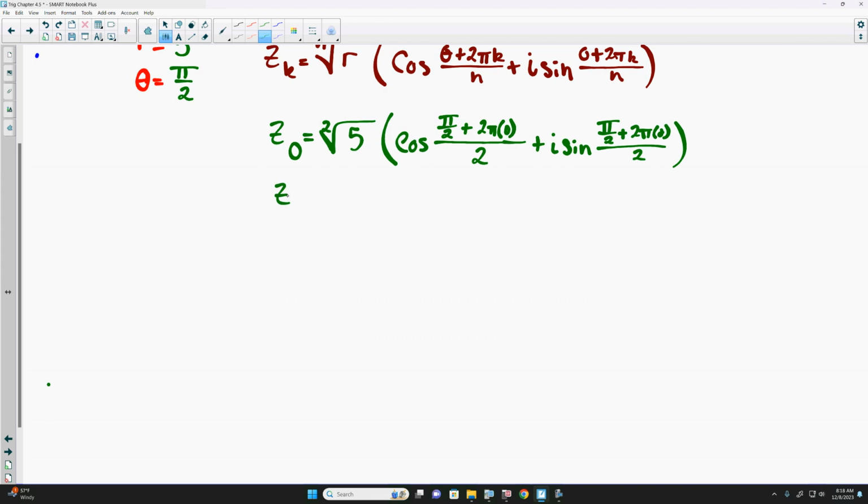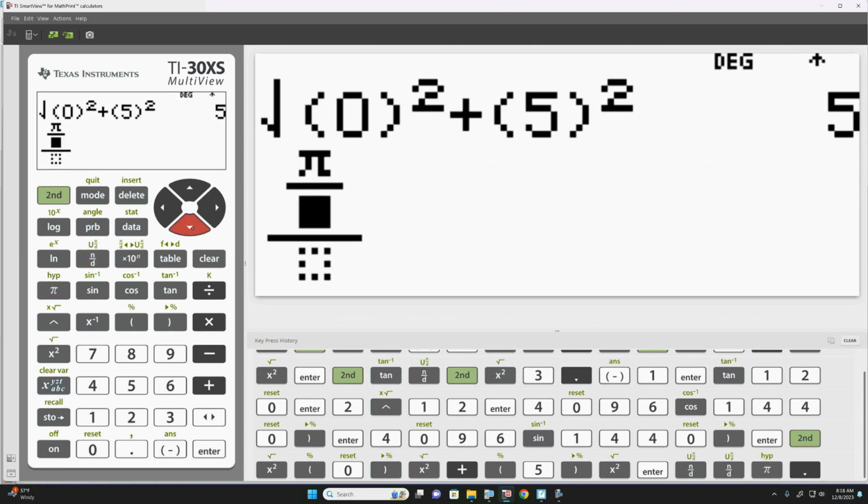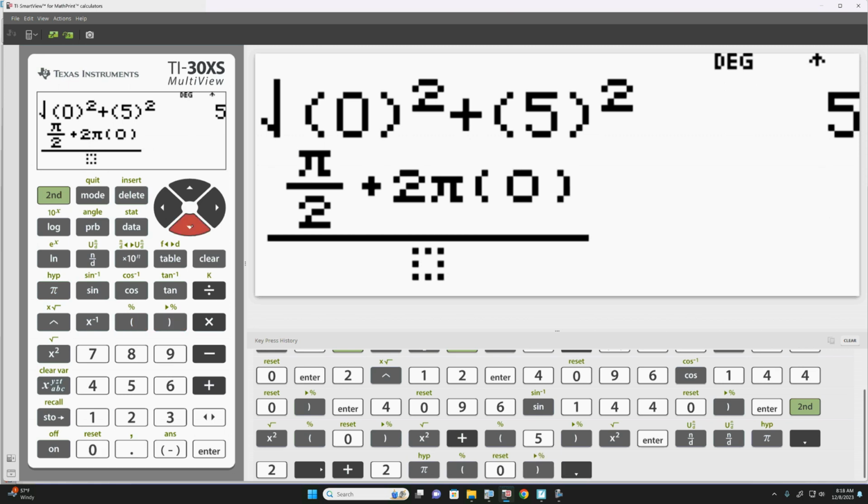So our z sub 0. Well, square root of 5 is just square root of 5. We can turn it into a decimal, but we can leave it here also. Cosine of, well, I'm going to type that entire thing into the calculator just as it is: fraction pi over 2 plus 2 pi times 0 over 2.